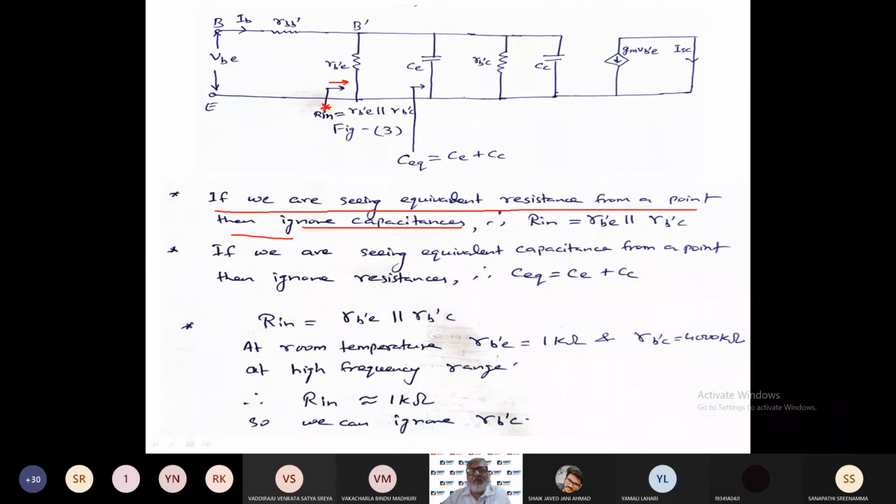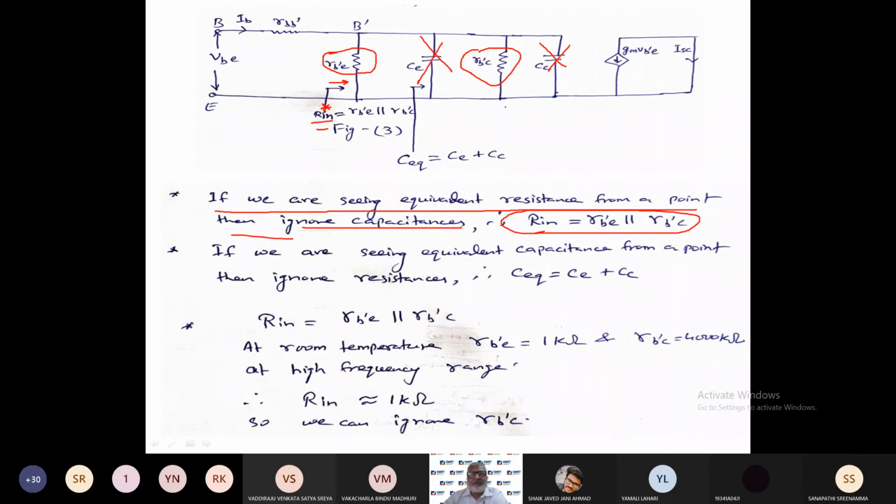So I will ignore this capacitance and I will ignore this capacitance. So from here, if I look, the input resistance here is this resistance RB'E. It is in parallel with RB'C. So same thing I have written. Rin is equal to RB'E parallel to RB'C.